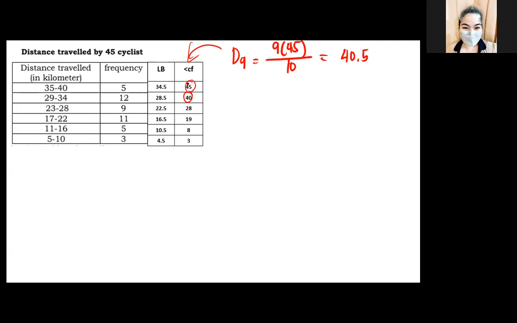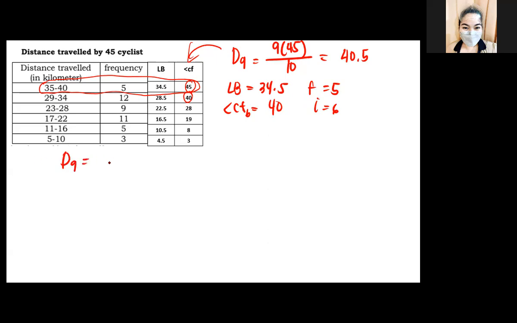So, dito siya included sa 35 to 40. What is the lower boundary? 34.5. The equivalent cumulative frequency below is 40. The frequency is 5, and the i is 6.